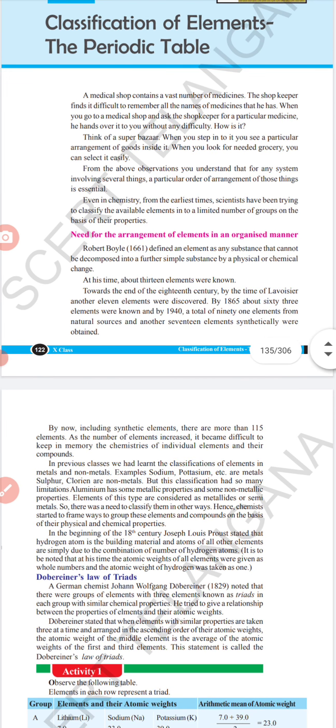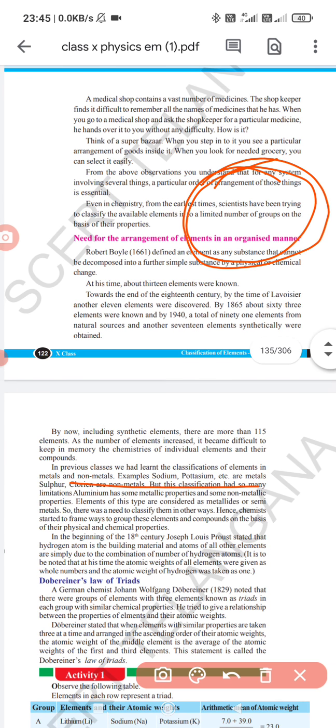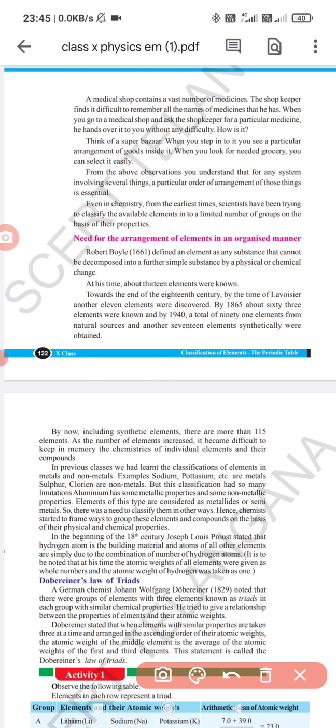If you see here, in this paragraph, in the beginning of the 18th century, Joseph Louis Proust stated that the hydrogen atom is the building material and atoms of all other elements are simply due to a combination of a number of hydrogen atoms.